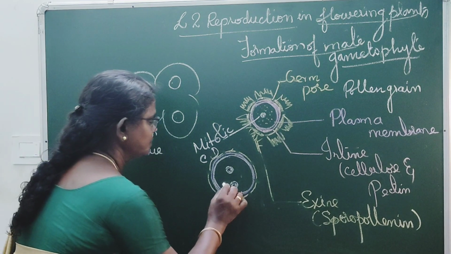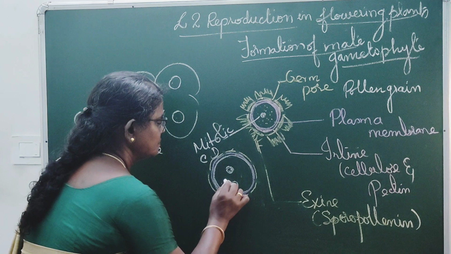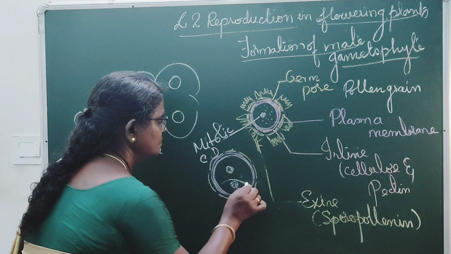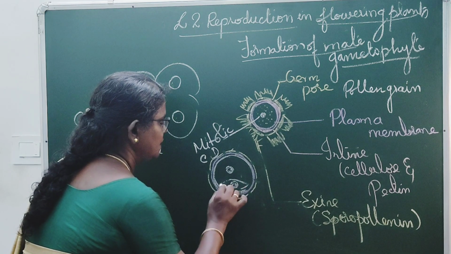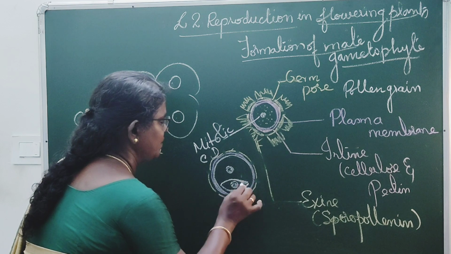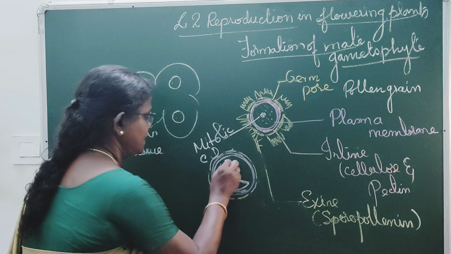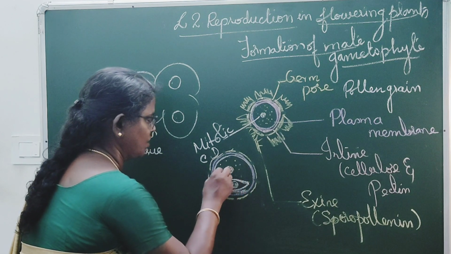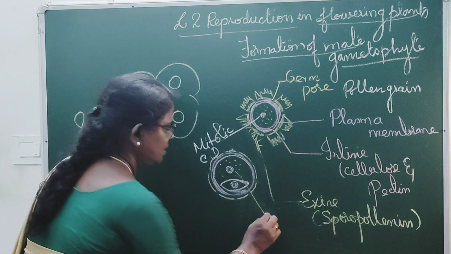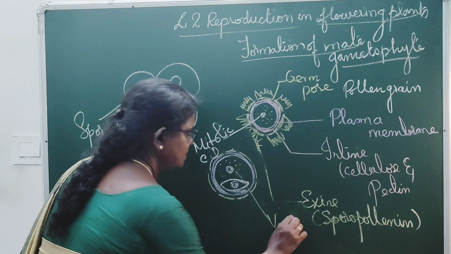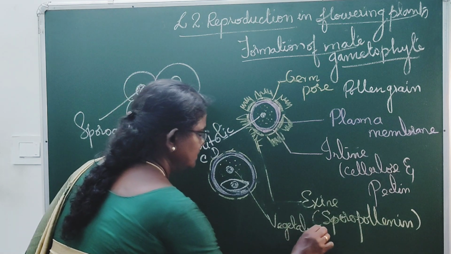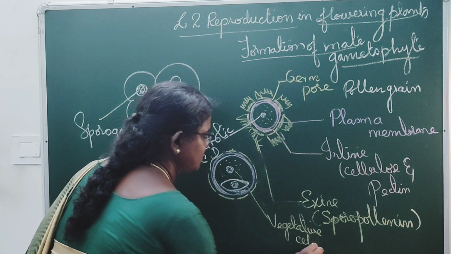Here it is forming two cells. In this cell, the nucleus is called the vegetative cell. This cell is called the vegetative cell.